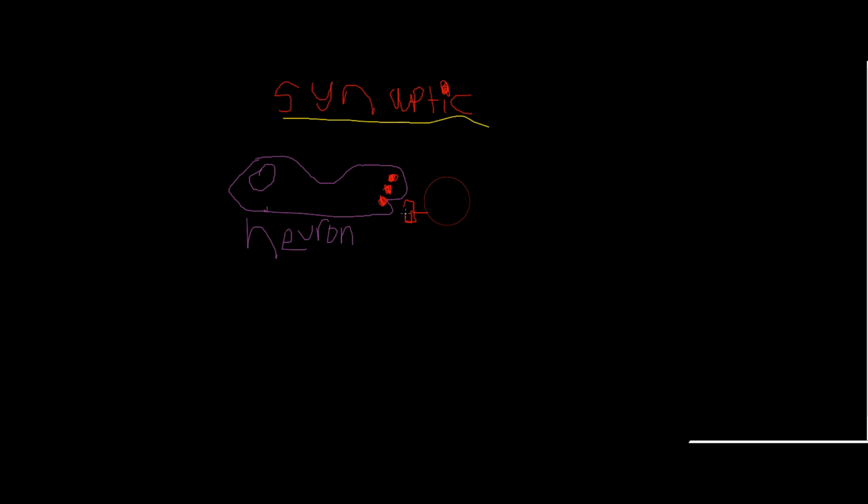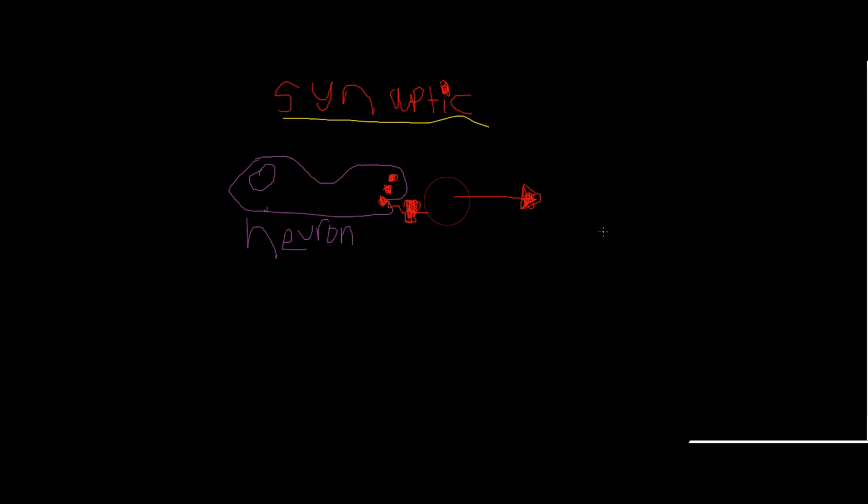So what would happen is this dopamine would go through this synaptic cleft, then bond right in here. And so this target cell is now triggered, and in the case of dopamine, it would be feeling good, I guess.